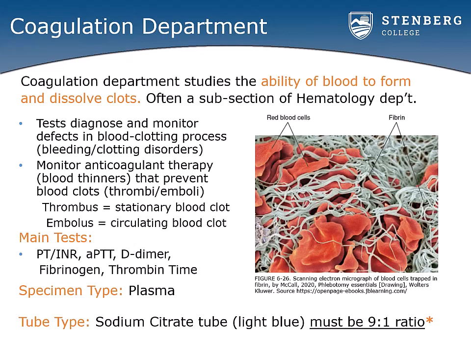This department also monitors patients who are on anticoagulant therapy, such as Coumadin or warfarin, that is prescribed to prevent the formation of blood clots, or thrombi and emboli, in conditions such as deep vein thrombosis, or DVT, stroke or cardiovascular accident, heart attack or myocardial infarction, or pulmonary emboli, PE.